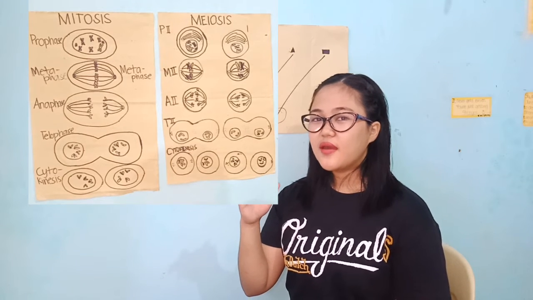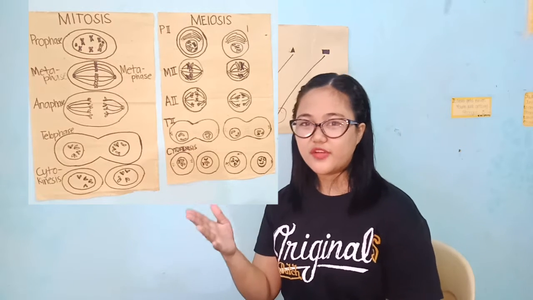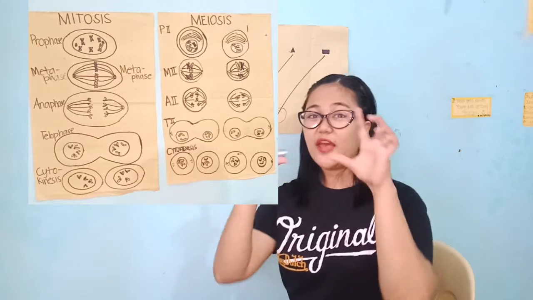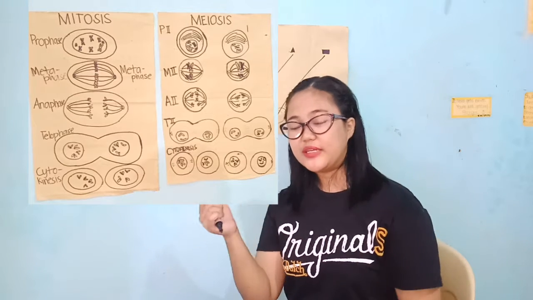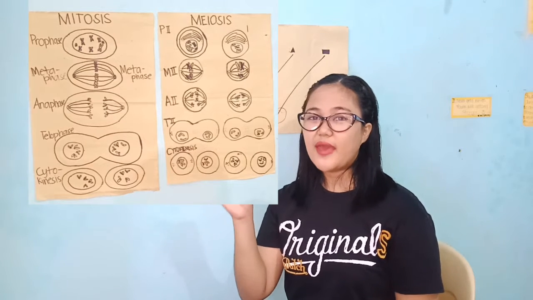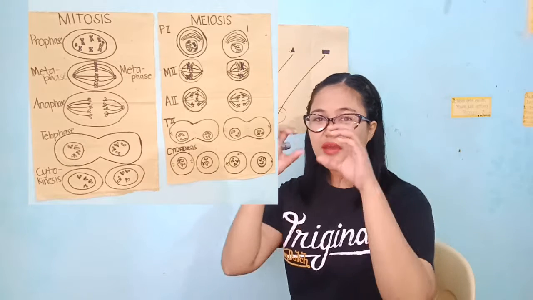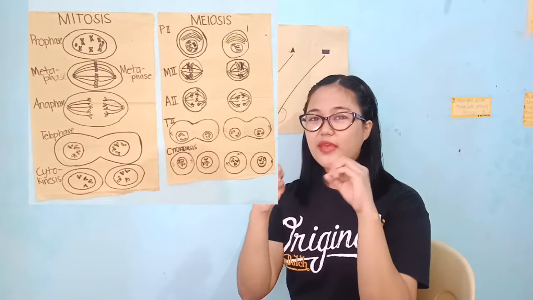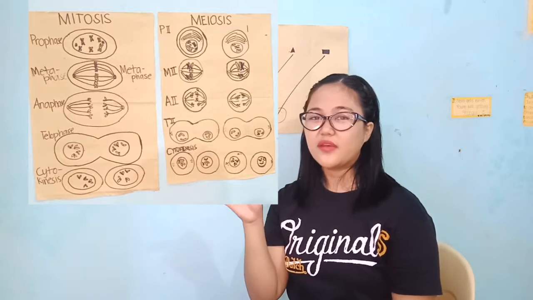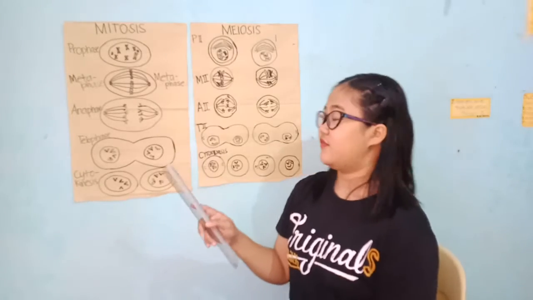The police are checking all the vehicles or the driver of that vehicle to see if the driver has a license. So it's like a mitotic checkpoint. As I've said, mitosis is identical, duplicating itself. So before coming to certain stages, it will pass through the mitotic checkpoint of cell division.